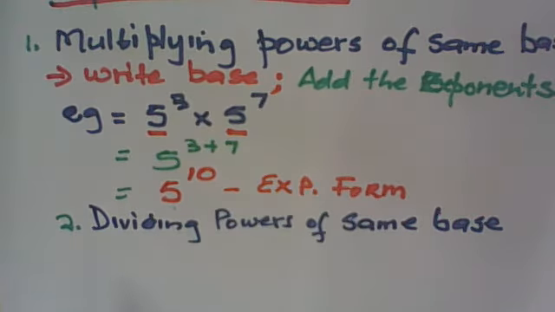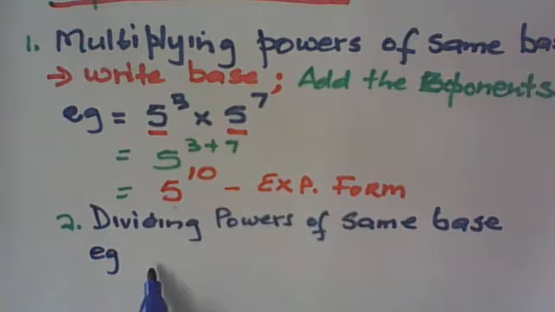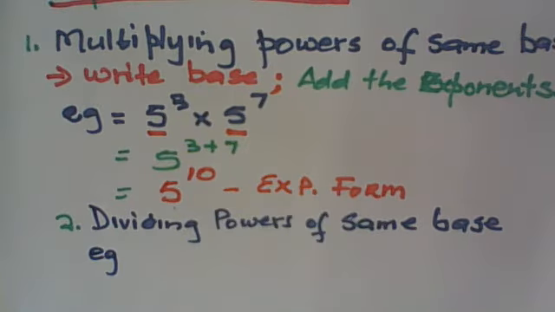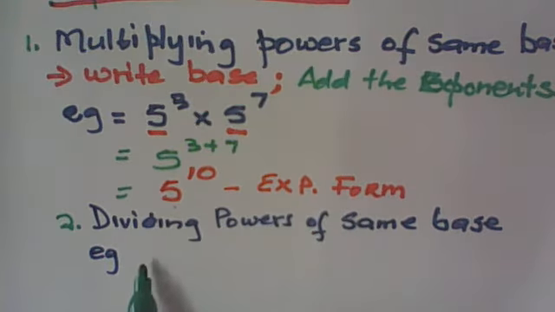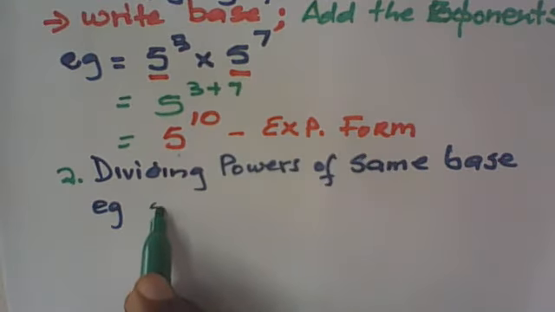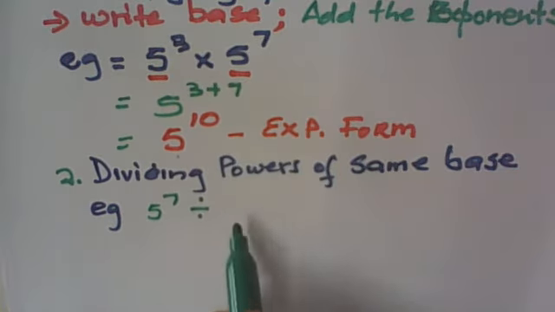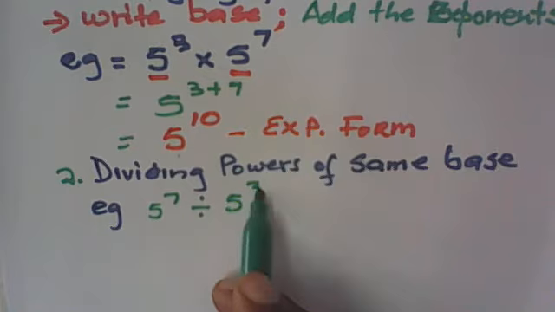So let us try to have an example pertaining to this rule. For example, let's take 5 to the power 7 divided by 5 to the power 3.